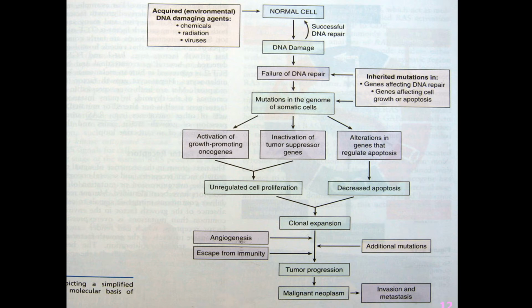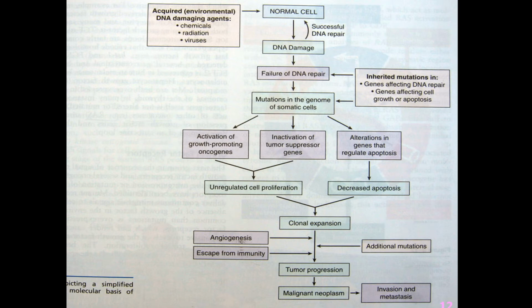First, the etiological factors. As we noted previously, they are environmental, exogenous factors, and endogenous factors are, for example, inherited mutation of the DNA repair system, inherited hereditary mutation in the genes of apoptosis. All of them play a crucial role in the formation of neoplasia.